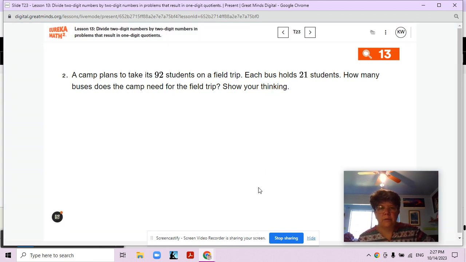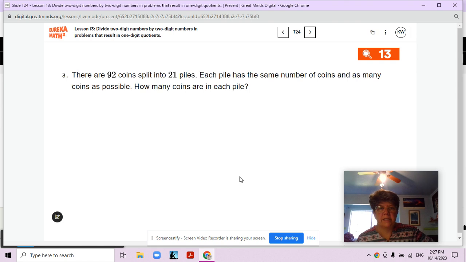And we're going to go to one more question, one more practice. 92 coins split into 21 piles. Okay, notice we're doing a lot of work with 92 and 21. Each pile has the same number of coins and as many coins as possible. How many coins are in each pile?